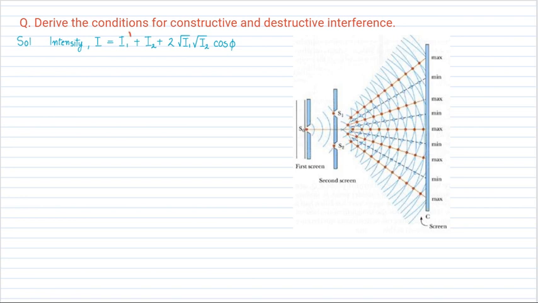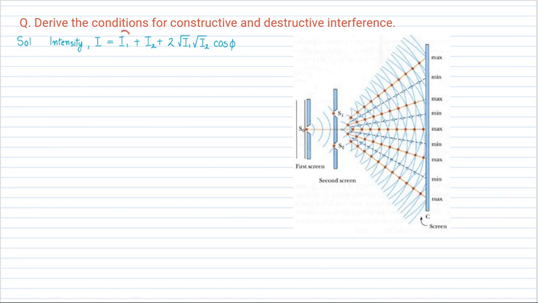And this phi represents the phase difference between the light coming from your S1 and your S2. Now, this intensity equation depends on three terms: the first term, the second term, and the third term.